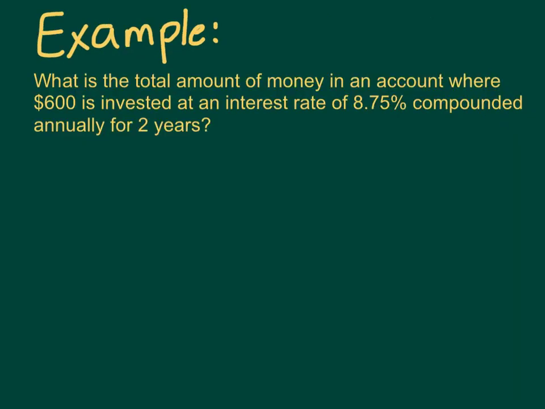What's the total amount of money in an account where $600 is invested at an interest rate of 8.75% compounded annually for 2 years? So here's what's going to happen. We're still going to use I equals PRT, but we're going to do it a little bit differently. The interest for the first year is the $600 times 0.0875, but after the first year, we're going to find out what happens.